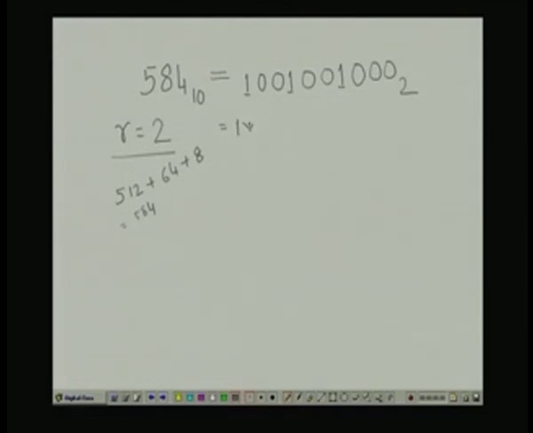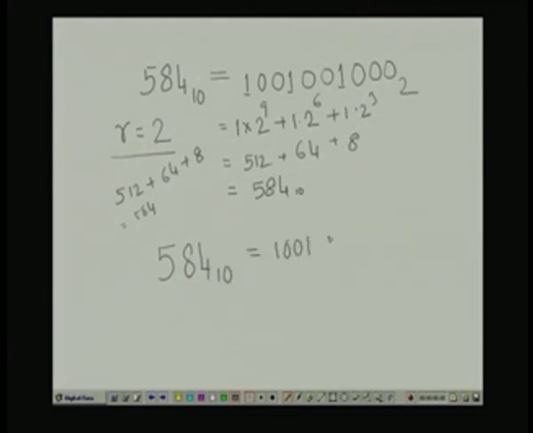That means 1 into 2 to the power 9 plus 1 into 2 to the power 6 plus 1 into 2 to the power 3, which becomes 512 plus 64 plus 8, which is nothing but our 584 in decimal. So I got 584 in decimal is 1001001000 in binary.